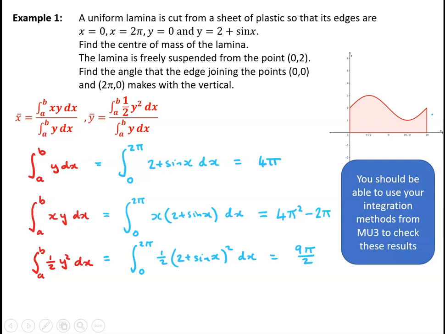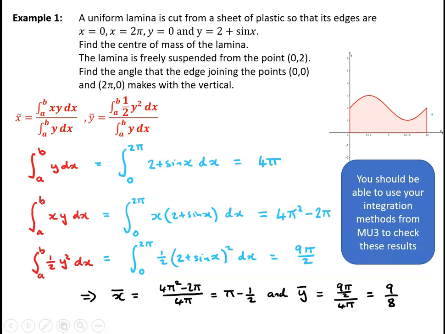So, having evaluated the three integrals, we can now say that x bar is 4 pi squared minus 2 pi divided by 4 pi, which simplifies down to pi minus a half. And that y bar is 9 pi over 2 divided by 4 pi, which gives us 9 over 8.